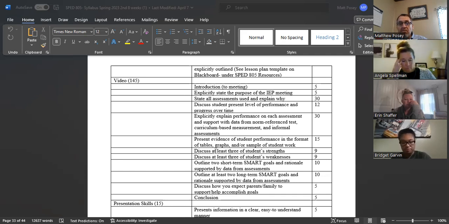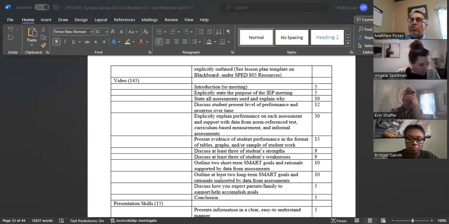Okay, then any 3. Same thing with weaknesses. You need to identify and let the parent or the team know 3 specific weaknesses that you identified through administering these assessments. Then we're going to outline or present SMART goals. Let me back up. Short-term SMART goals or long-term.